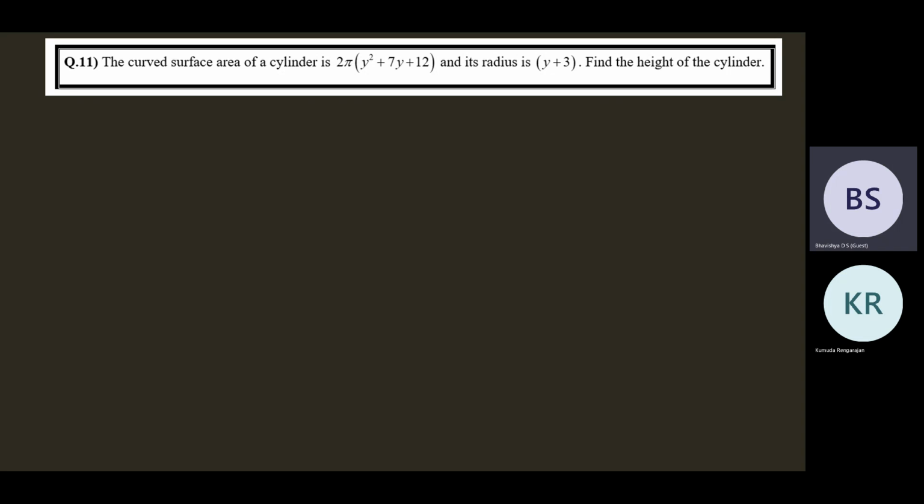Pi r square h cubic units. Okay, the CSA is given by the formula 2 pi r h.